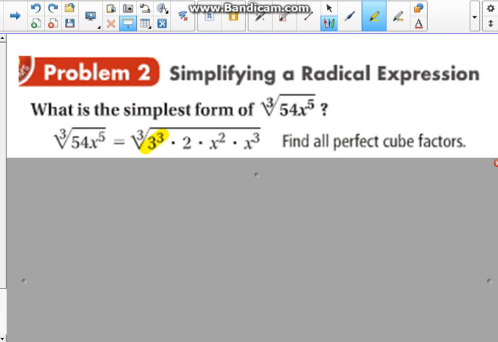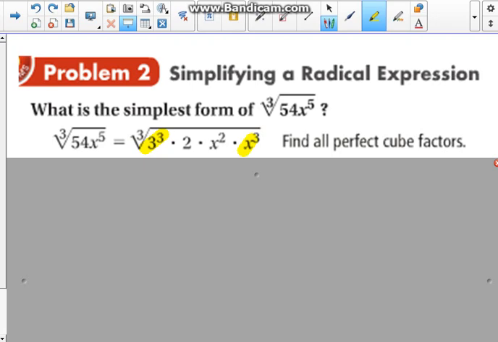And then times 2. So 27 times 2 is 54. So we found a cube factor of 54 being 3 cubed. Now we want to split our x to the fifth up to an x cubed. So there's our x cubed, and that leaves us with the x squared.